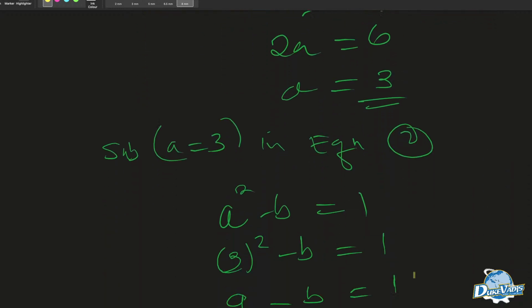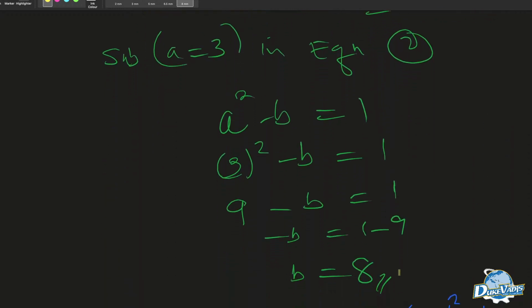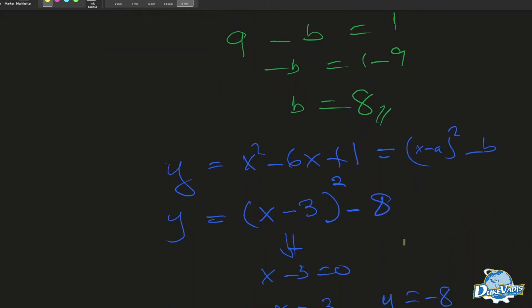Then we substituted it into the equation and had a value of b to be 8. Then we substituted the values back, and note this is the method of completing the square. Anytime you are doing completing the square, when you have x minus 3 raised to the power 2 minus 8, meaning x minus 3 should be equal to 0, the x will be 3 and y is equal to negative 8. That is the turning point of the equation.